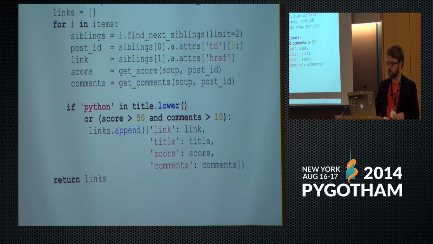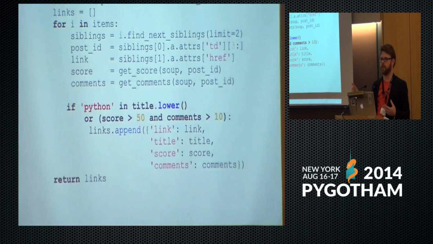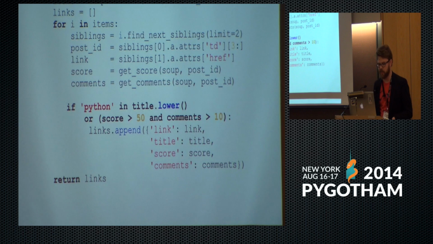In this case, I'm using A, and this A here actually represents the anchor tag. So there's a little bit of magic under the hood: when the tag object is created, it will let you access children objects based on the name of that tag. So that's kind of cool. And HTML has attributes, IDs, things like that.